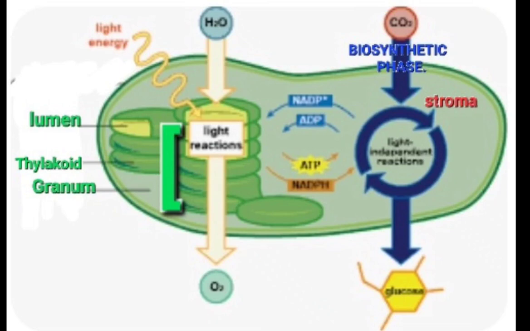Now, this happens with the starting of carbon dioxide, which is attached to RuBP. The RuBP is a 5-carbon molecule, whereas carbon dioxide is a single carbon molecule. The enzyme used here is Rubisco, the most abundant enzyme present on Earth.